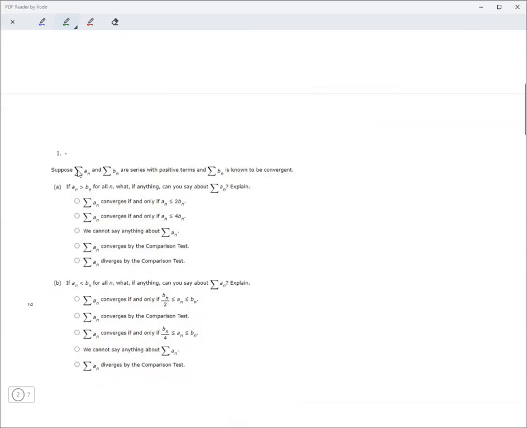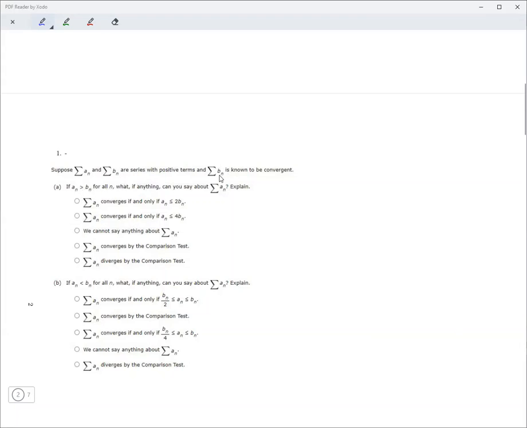And also, actually, we have this right here. So this is just rehashing what we went over. So you have two series, and B sub n is known to converge, the B sub n series. And A sub n is greater than B sub n. Okay, so this is a different situation where this one converges, but these terms are greater than. So that really means that in that situation, you can't really tell what's going to happen, because this converges, but then these are bigger than.